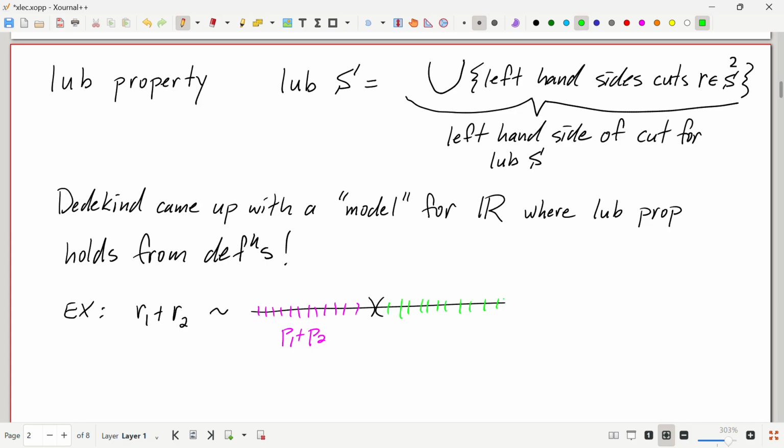You have to show that those Q1 plus Q2s are bigger than all the P1 plus P2s, and you partition the rational numbers into two things. And it's kind of tedious and a lot of work, and multiplication is even harder because of the signs, if you have two negative things and you multiply them together. So Dedekind was good at hammering down the little details, and he did it. So it's work. And he showed that all the axioms hold, and so he had a model for the real numbers.